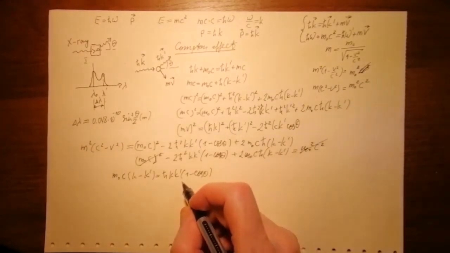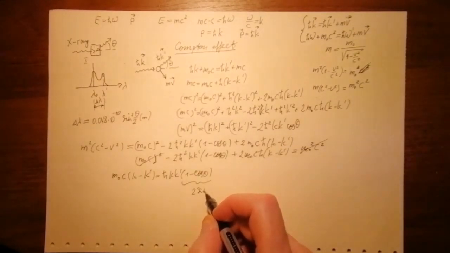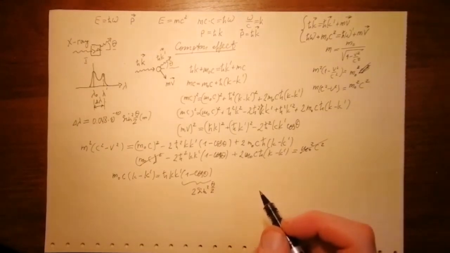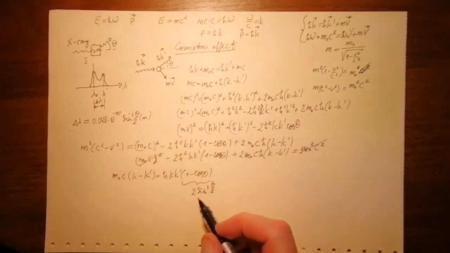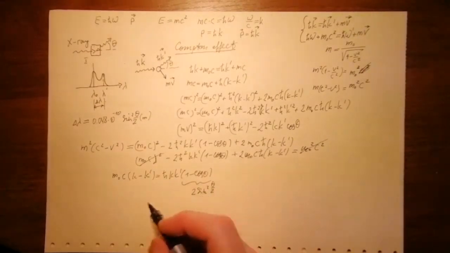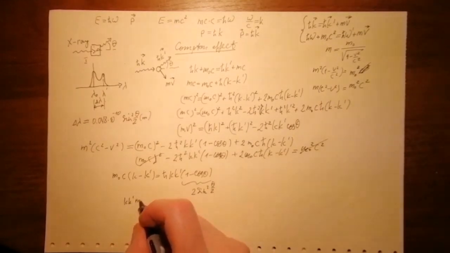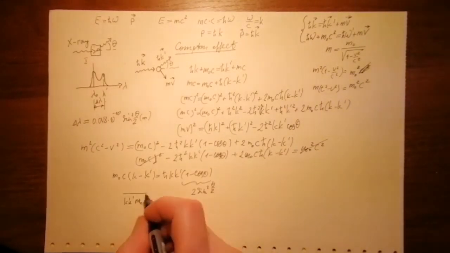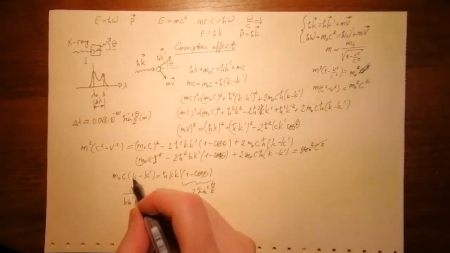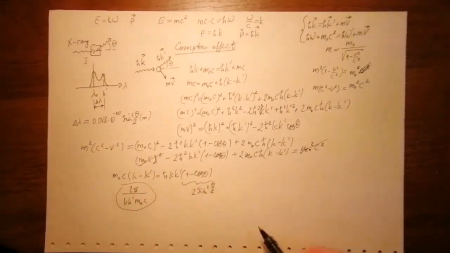1 minus cosine theta is 2 sine squared theta over 2. Now we will divide the left and right parts by k k prime m0 c and multiply by 2 pi. So left and right parts are multiplied by such a factor.